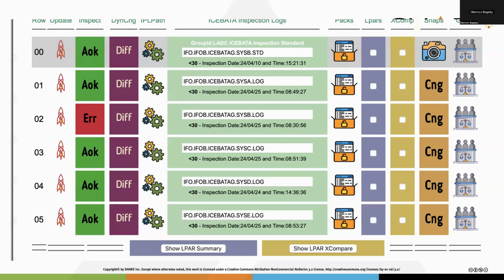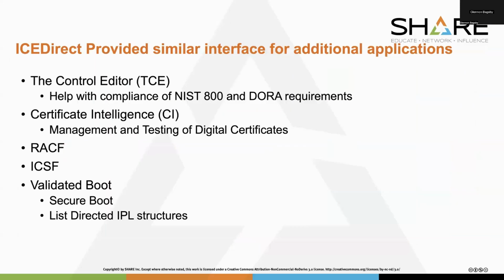So there's a lot of benefit to ICEDirect, and we provide that through a series of other applications with other target data. We have our other product, the control editor. I mentioned that. Some of you are customers of that. It has its own journaling system and it keeps track of changes and actions taken by other people, like commands and things like that.